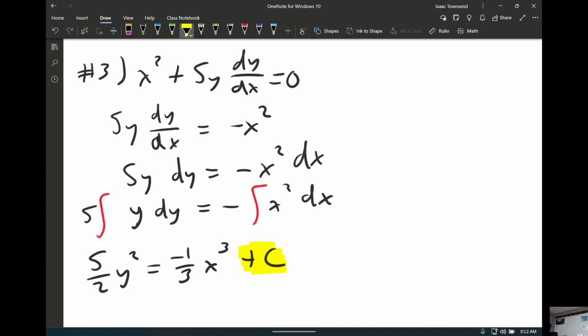Remember, your dy needs to be up in the numerator, not in the denominator, and your dx has to be up in the numerator also. It doesn't make sense for those to be in the denominator.